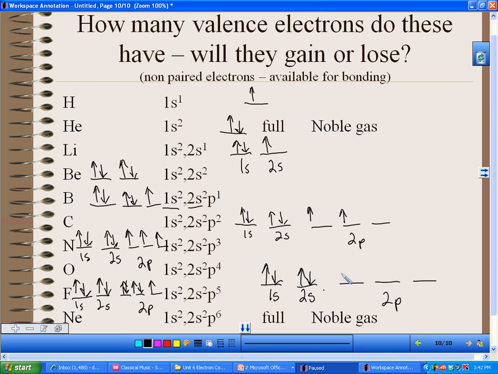I'm going to put one there, another one there. So now I have placed 7 electrons. Here's number 8, here's number 9, here's number 10. So I can write that as 1s2, 2s has 2, and then 2p has 6. So there's my configuration. Everybody's completely full, and my noble gas is very stable and unreactive.